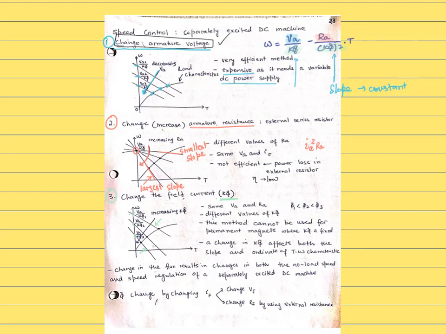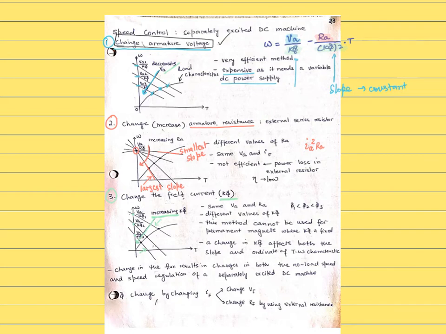And since K phi is in the denominator, as you're increasing the value of K phi, the points go down. In the case of VA, it was decreasing and the points were going down. Now you're increasing K phi and the points are going down.